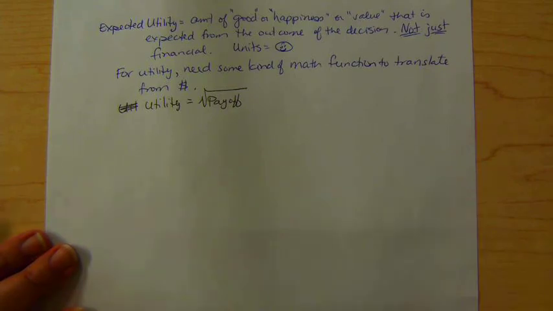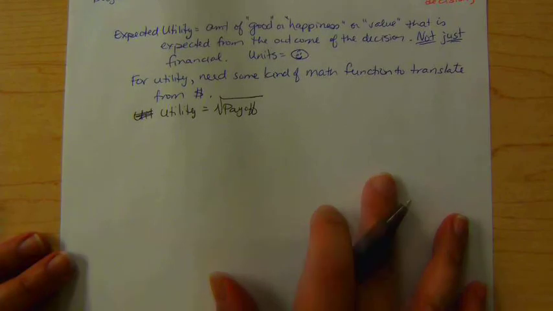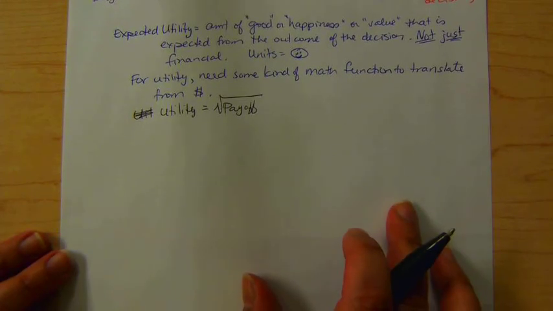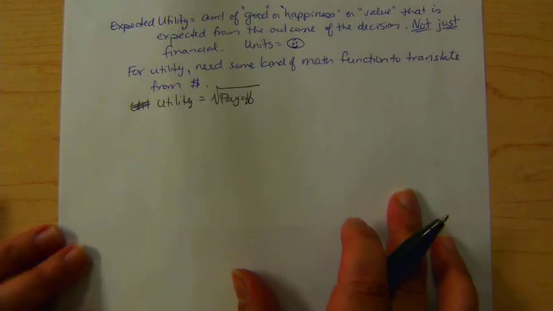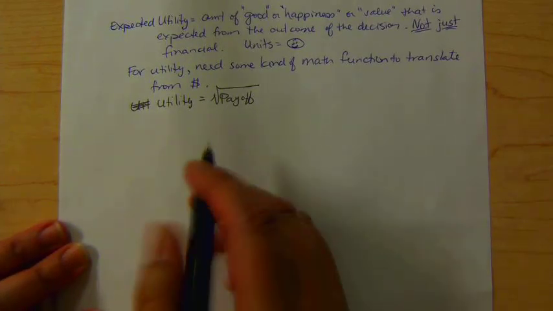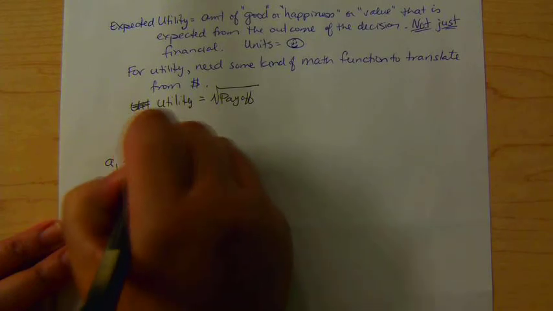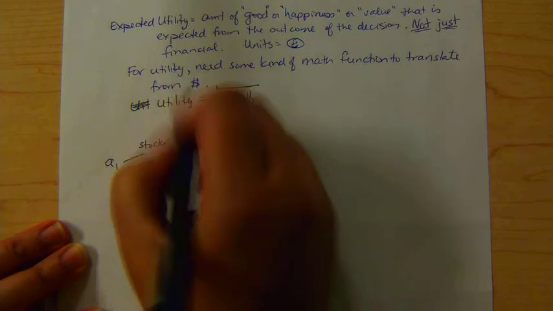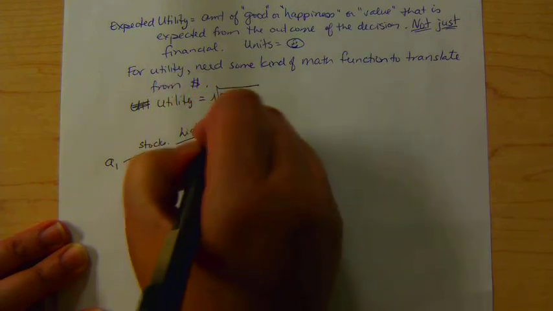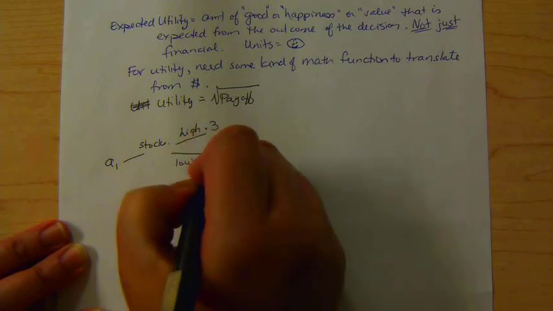So I'm going to do our little decision chart again, except build in the payoff. So we've got A1 stocks, and we're either going to have a high payoff at 0.3 or low payoff at 0.7.